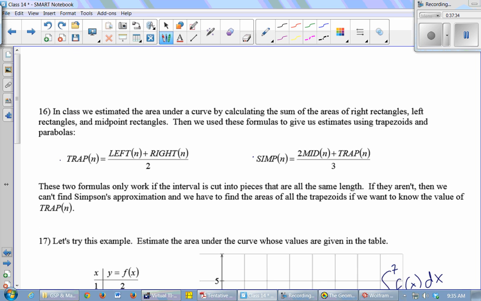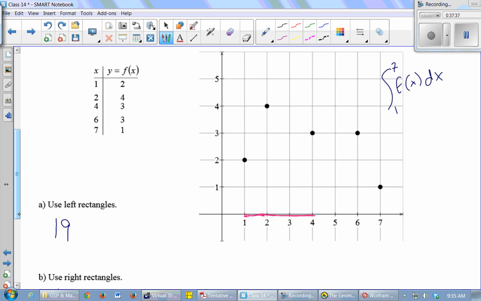But I can use trapezoids. Over each interval, I can connect my points with a straight line, and then I can find these areas. I could use a trapezoid formula or break it into rectangles and triangles.